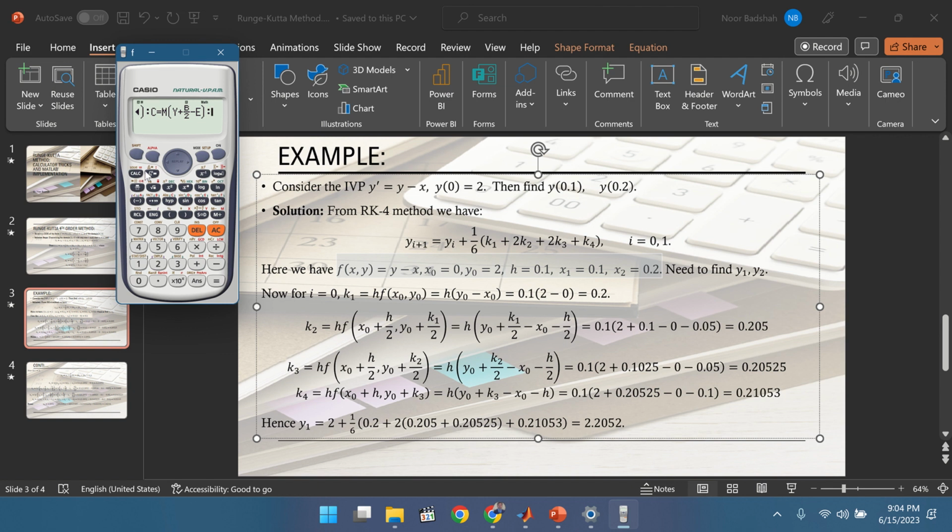Now we will define d. So d equals again multiplied by h, which is m, bracket. Now we have x naught plus h, so I'll be simply taking this one, which is y naught plus k, for which I'm using y.